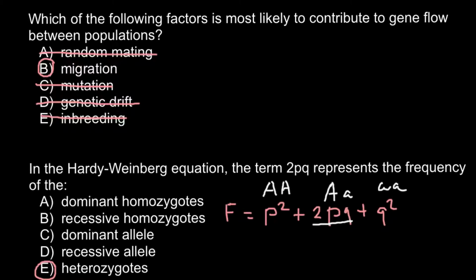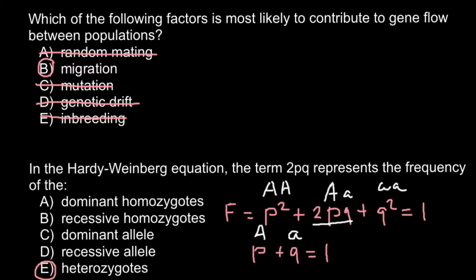And also when we add up all these frequencies, they should equal 1. So all the alleles p plus all the alleles q in this formula, when we add them up, they should equal 1. And p represents dominant allele A, and q represents recessive allele small a.